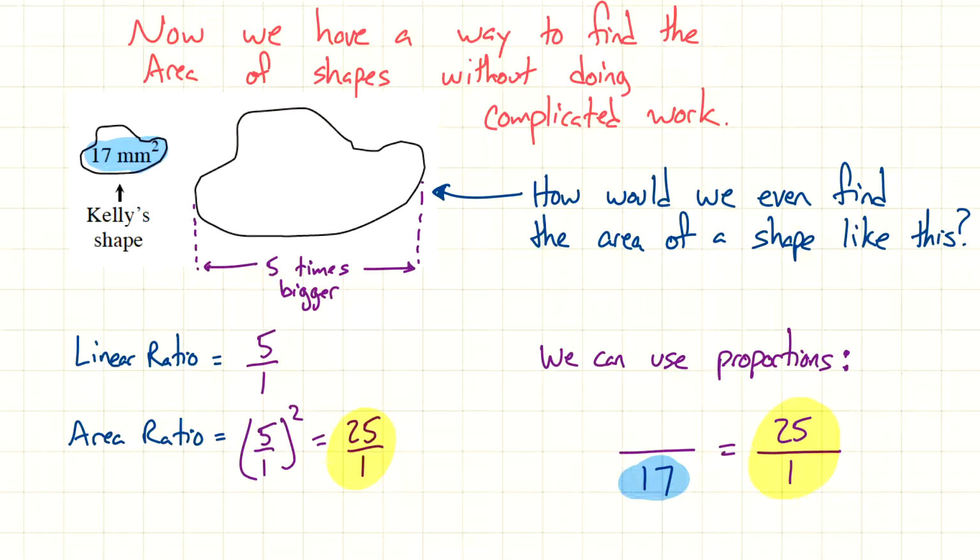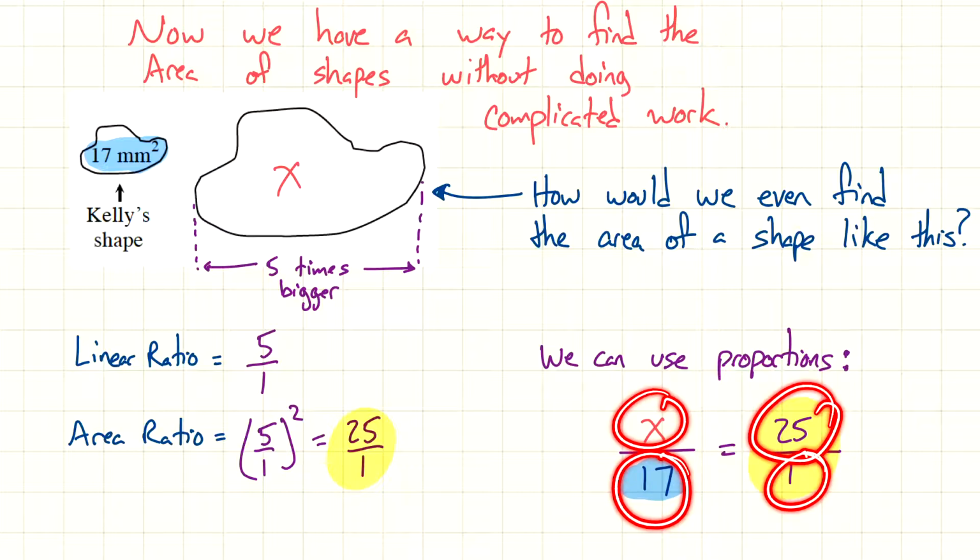Which means the missing piece, which we could call x, goes on top. That represents the bigger area. So this is our area ratio: big area over small area.